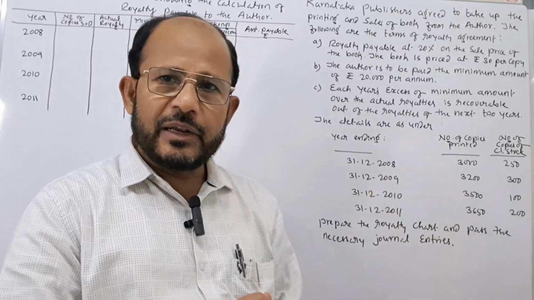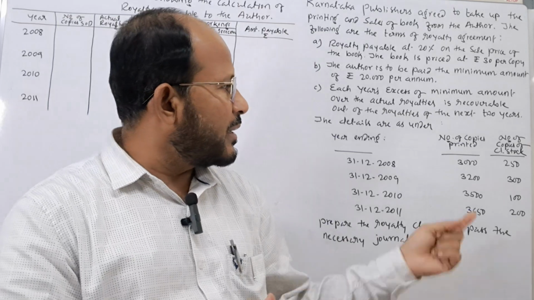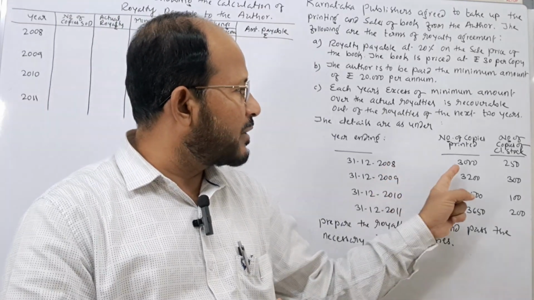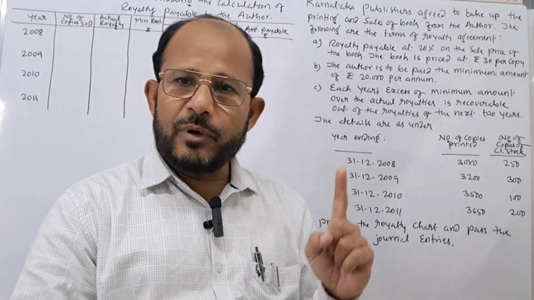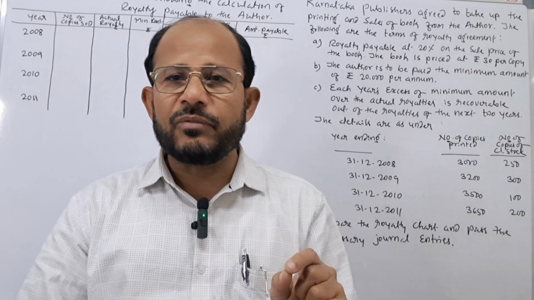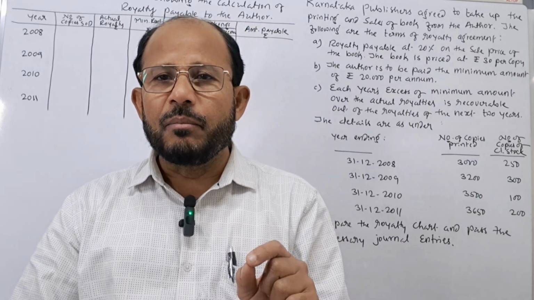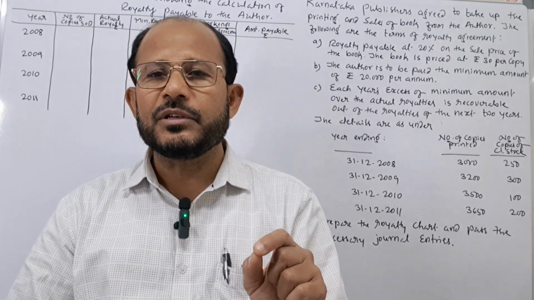The number of copies printed and also the closing stock is given. In the year 2008, 3000 copies were printed. You remember the royalty is given not on the basis of the number of copies printed, but the royalty is calculated on the number of copies sold.